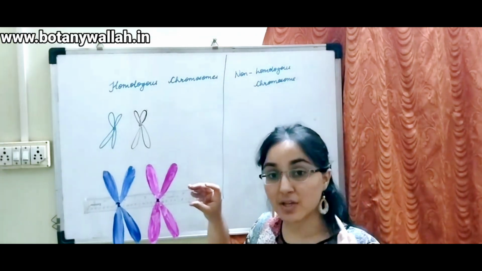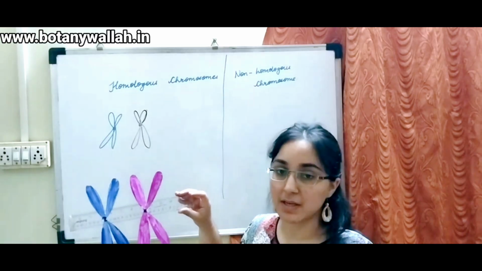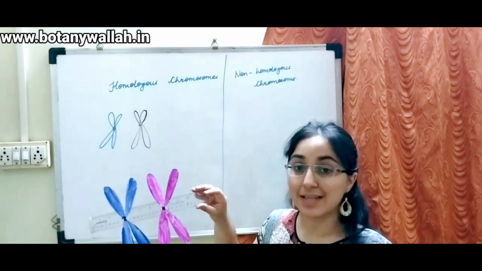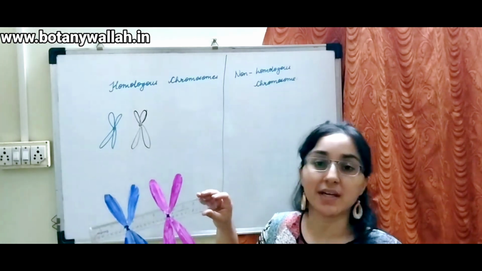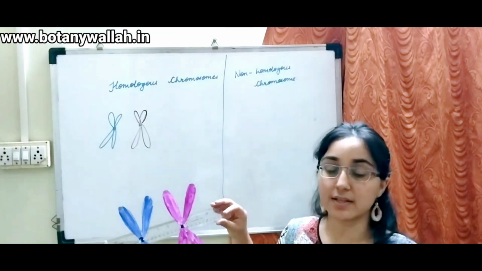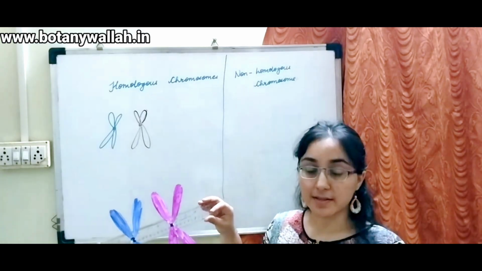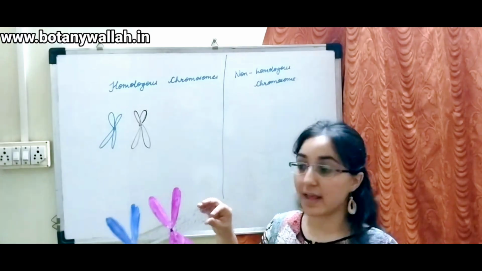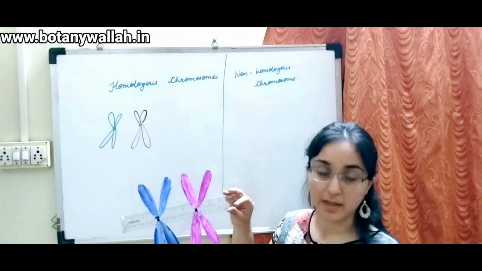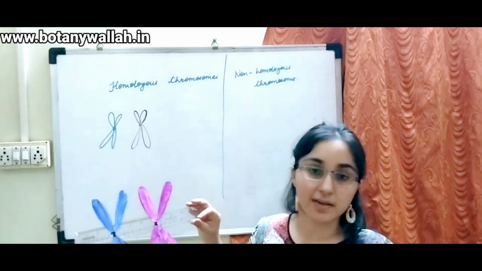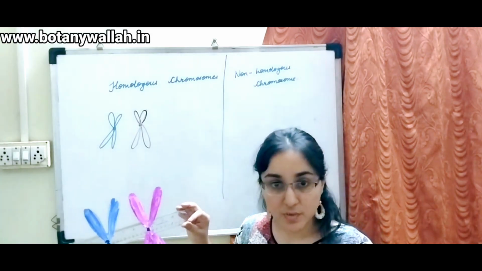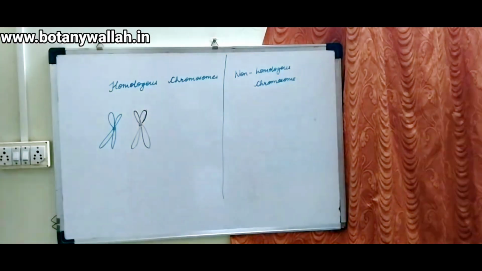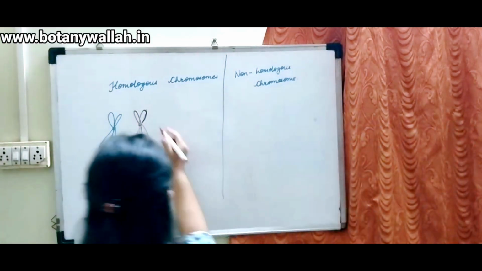So they are structurally the same. Morphology means outer appearance, which is the same. Structurally and morphologically they are the same, and even genetically they are the same, meaning the genes are the same. So structurally, morphologically and genetically, they are identical to each other, exactly the same. That is what we call homologous chromosomes.